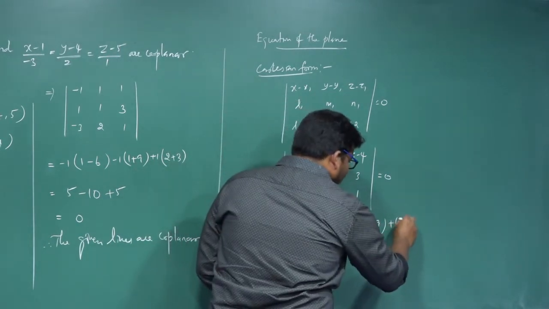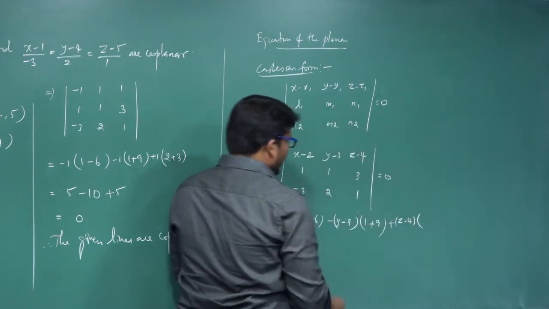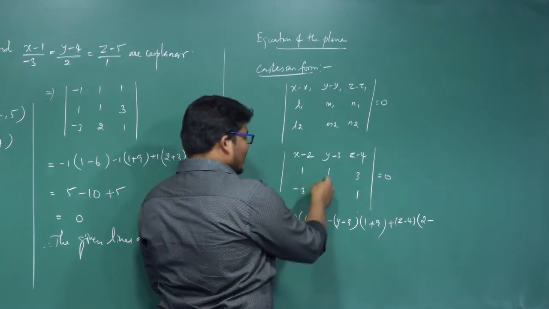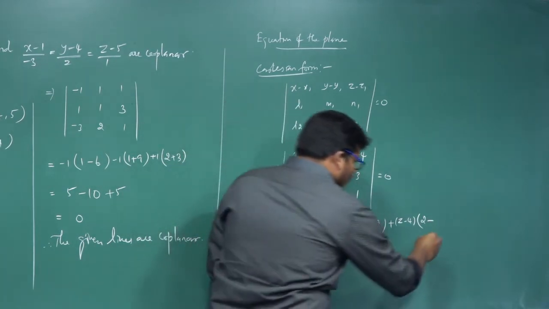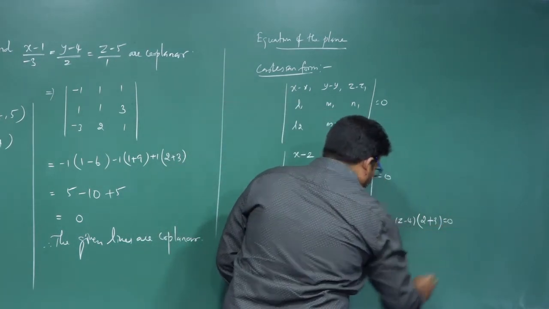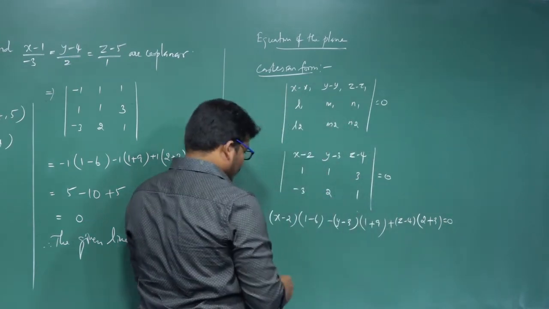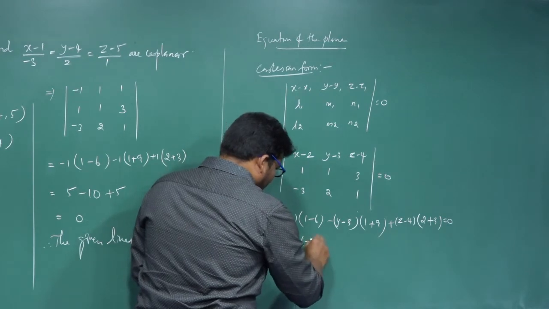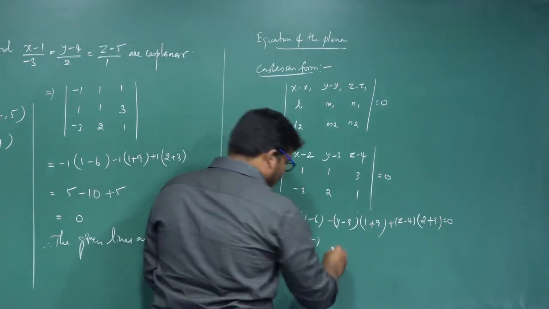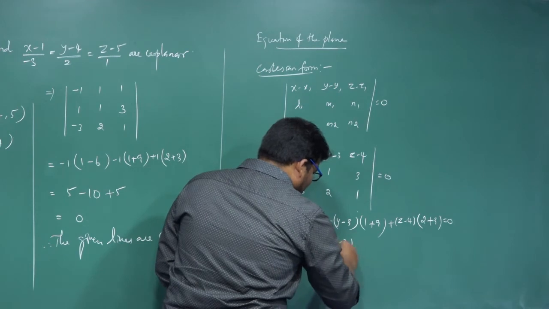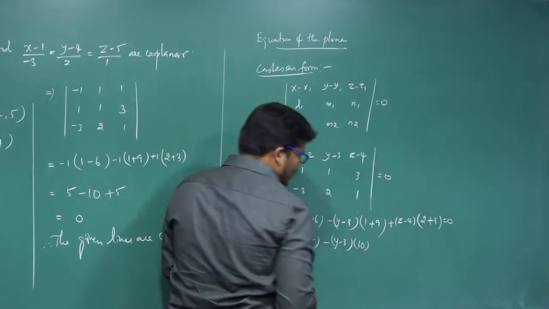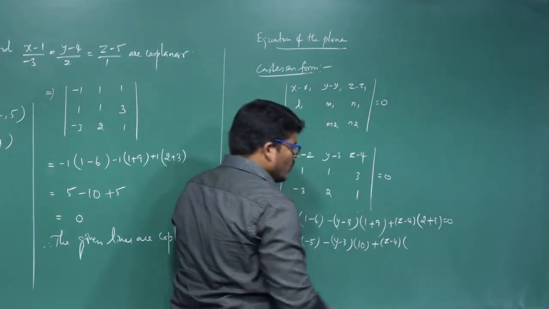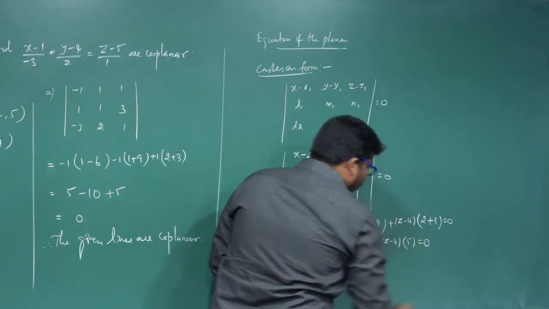Next, plus z minus 4 into 1 into 2 is 2, minus 3 into 1 is minus 3, so plus 3, equal to 0. That implies x minus 2 into minus 5, since 1 minus 6 is minus 5, minus y minus 3 into 9 plus 1 is 10, plus z minus 4 into 2 plus 3 is 5, equal to 0.